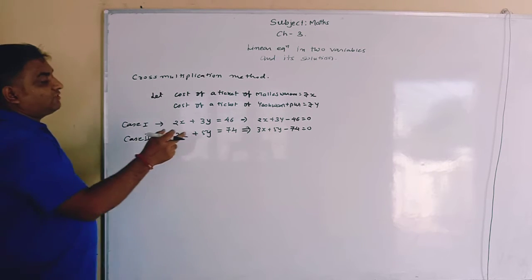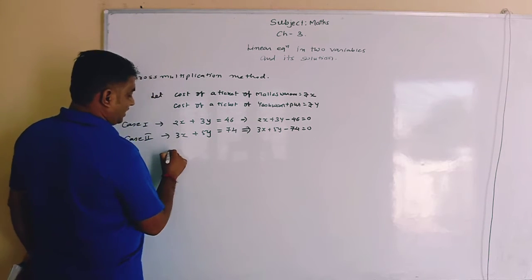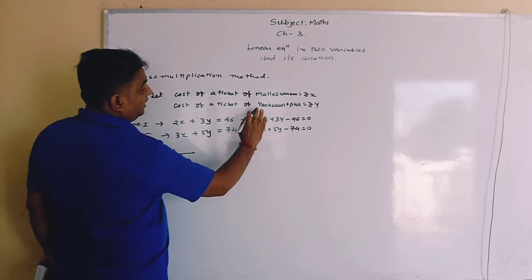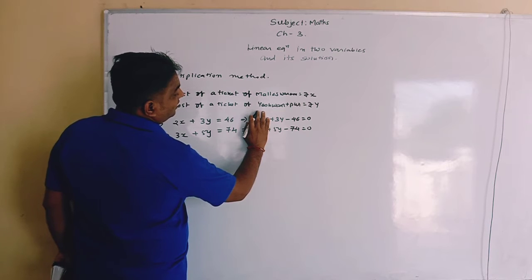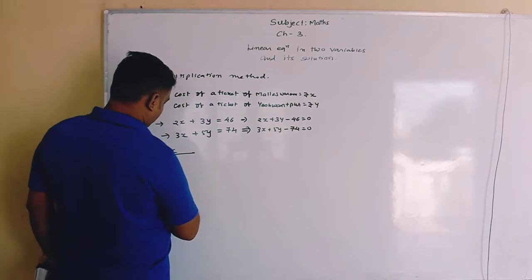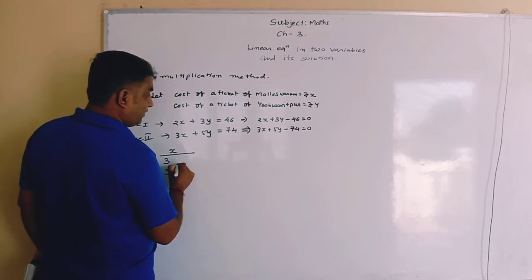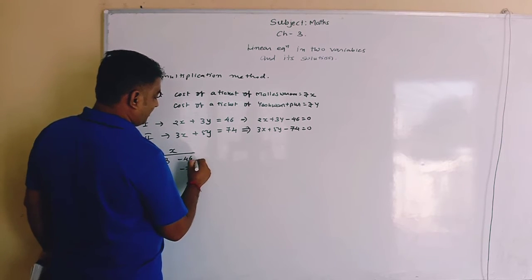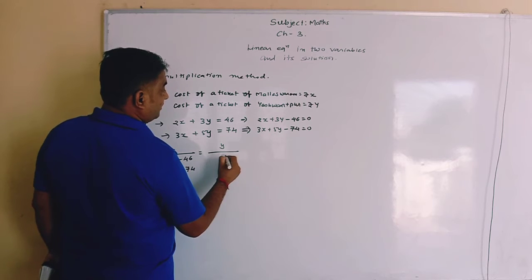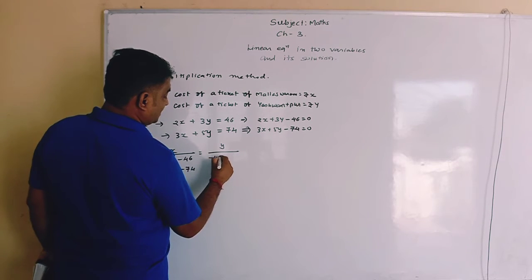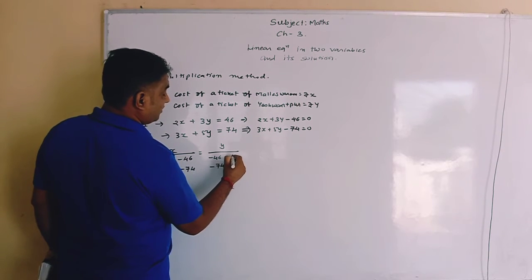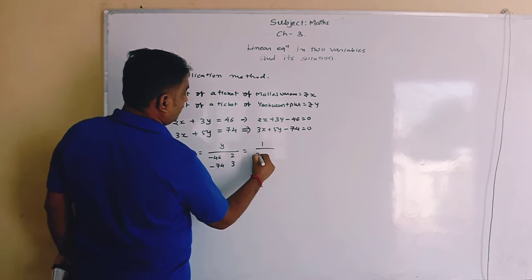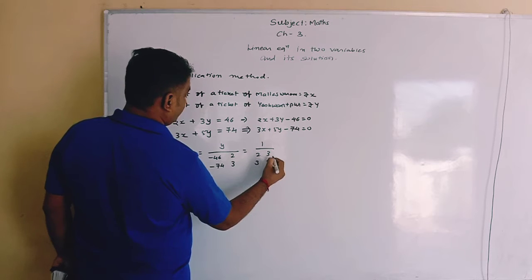Now to solve this equation by cross multiplication, we will write x upon, leaving x, y and constant term, by coefficient and constant term. The y coefficients are 3 and 5, and the constant terms are minus 46 and minus 74. y upon minus 46 minus 74 and 2 3, and 1 upon 2 3 3 5.